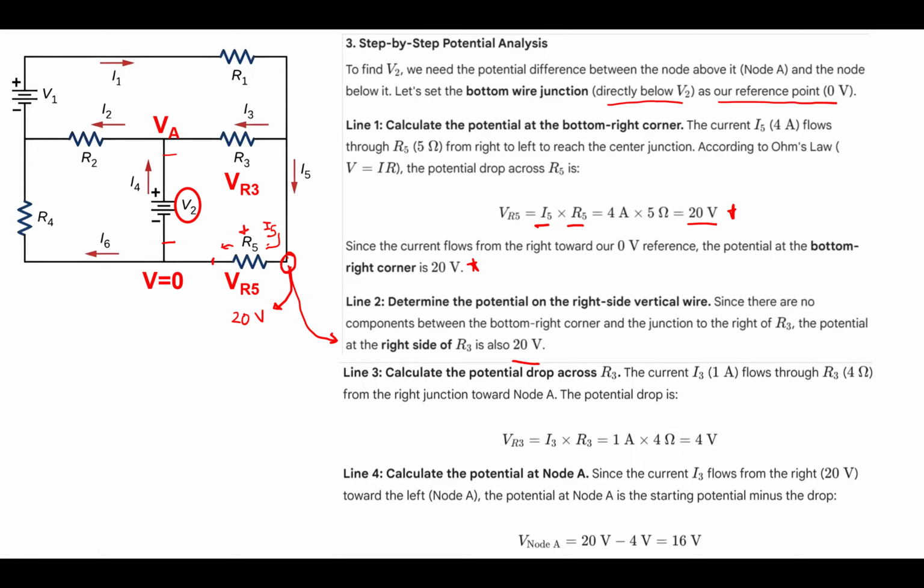We just did it for R5, and now it's time to think about R3. We look at this loop, and we note that the current I3 flows through R3 from the right junction toward node A, in this direction. So this part is at a higher voltage than this part.